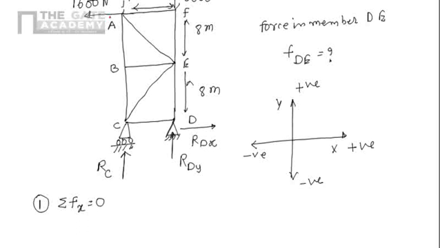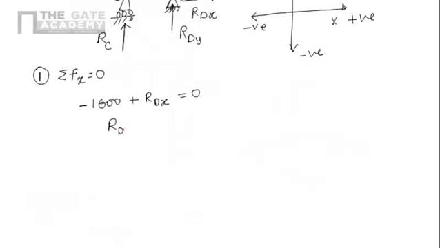So here the 1600 Newton force is acting in negative direction, so minus 1600, plus RDX, that is acting in a positive direction. Only these two forces are acting in the x direction, equals to 0. By this way we can find out RDX is 1600 Newton. So this one is the value of RDX.